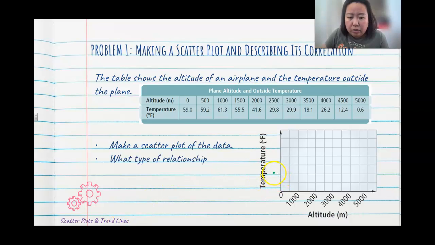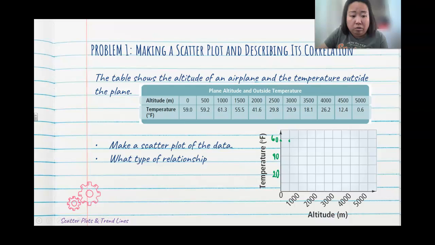So this is 20, oops, sorry, that's 20, and then this is 40, and then this is 60. Okay, so all you need to do is plot the points according to these ordered pairs. So you have 0, 59, so you have 1 point over here, 500, 59.2 somewhere over there, and so on and so forth. Okay, so let me just plug in all the values in here.